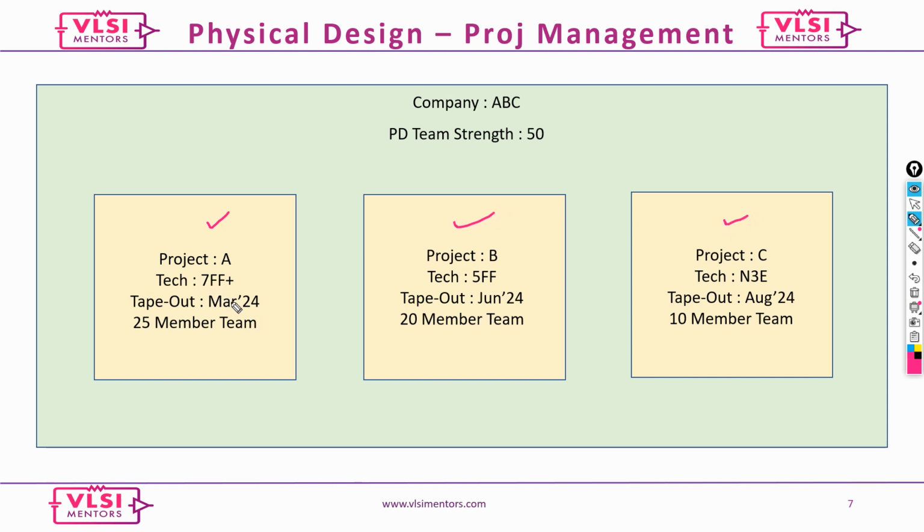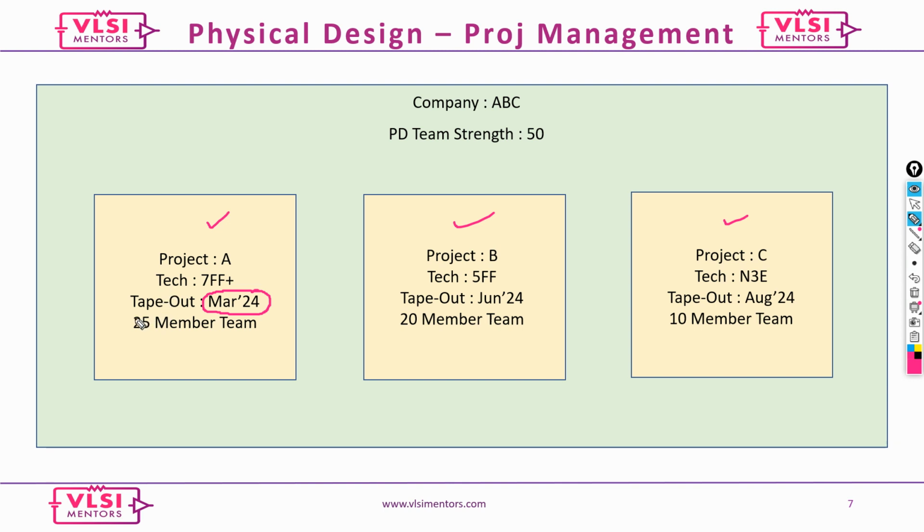The project that gets taped out first would be the first priority for the company and the team. Whoever is available, or whoever they have planned for this project activity, would be asked to work and close the designs, and also support other designs, so that the whole project gets taped out on time.